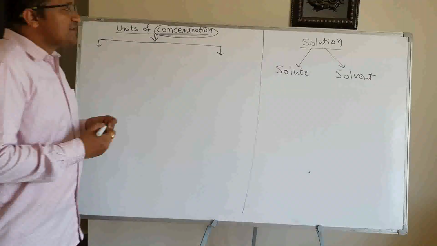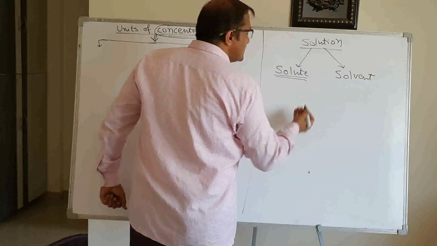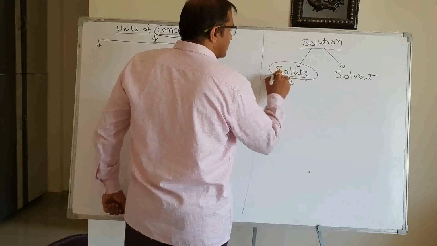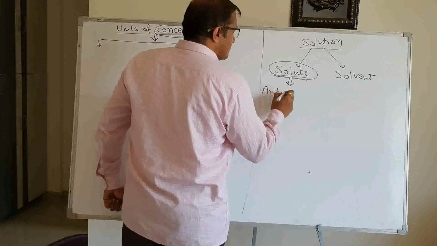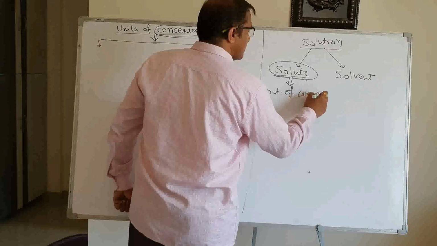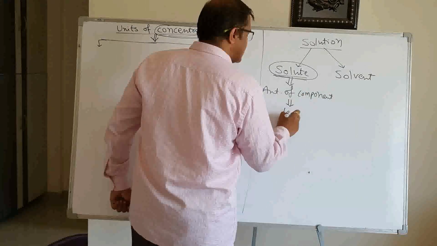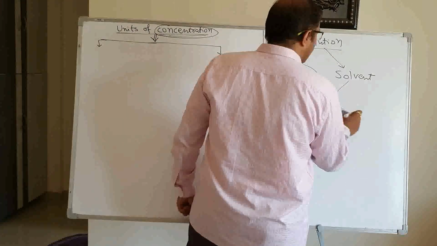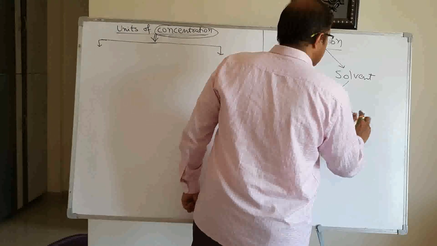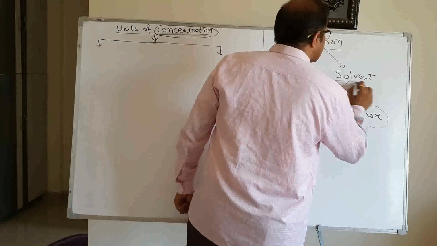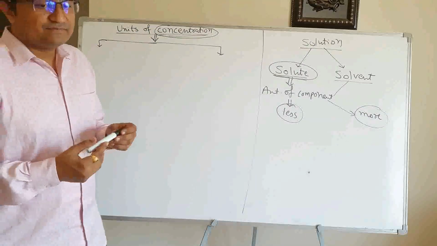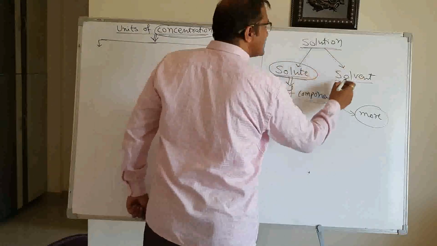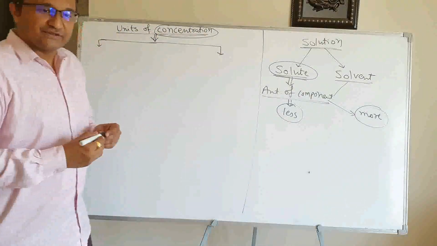Solute means when the amount of a component is less, then this component is known as solute, and when the amount of a component in a solution is more, then it is solvent. Solute is the less amount containing component in a solution, and solvent has a more proportion in a solution.